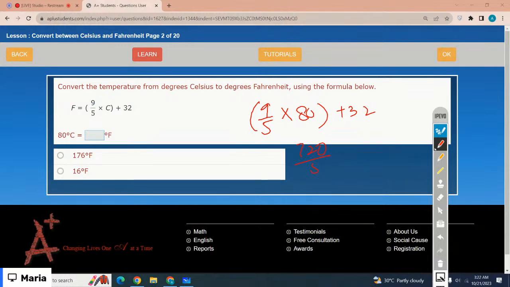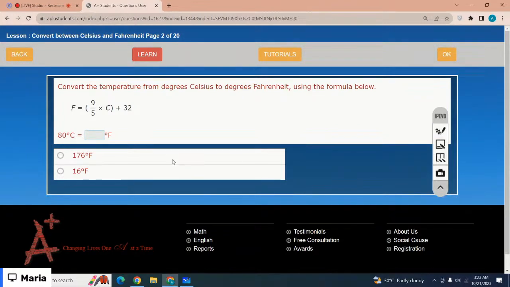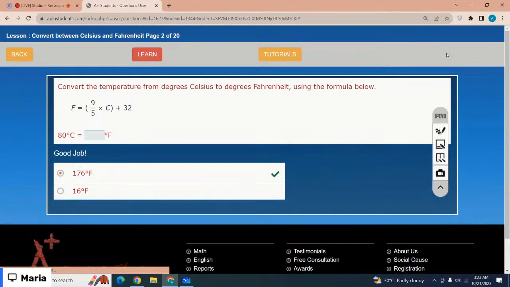Yes, that is 176, right? So the correct option is 176, right? Okay.